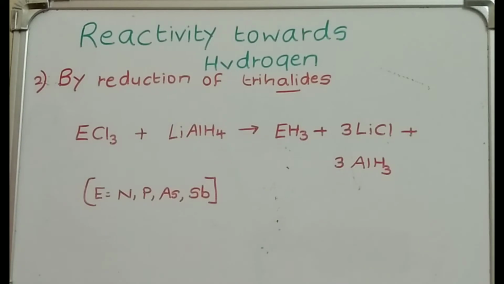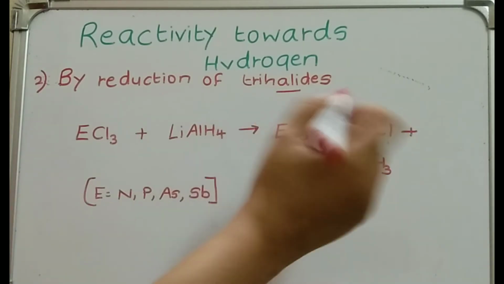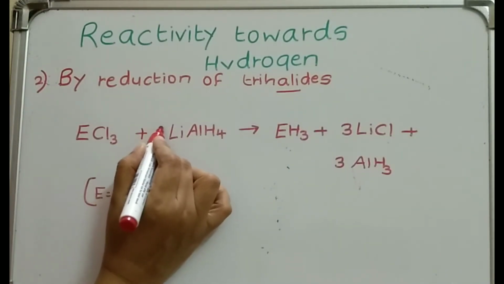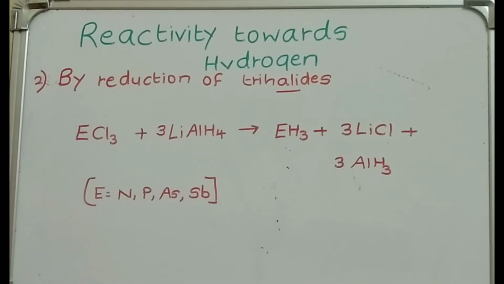The byproducts are lithium chloride and aluminium chloride. Balancing the equation, 3 3 I have written, over here it will be 3. Make a note of this equation, that is the second preparation of hydride. We have completed the preparation of hydrides.